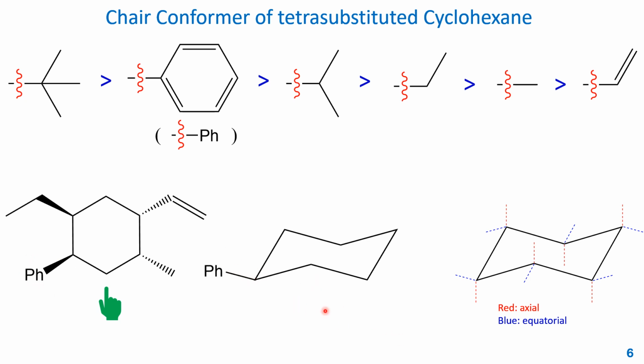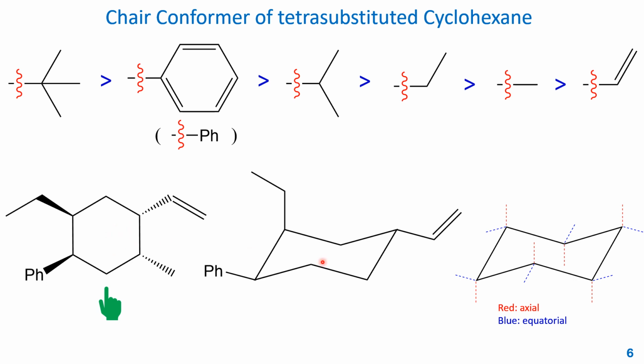The ethyl is in the 1, 2 position, clockwise, that's here, so you draw the ethyl group up. This is axial. And then 1, 2, 3, 4 is the vinyl group. It's down, so it's equatorial because down is equatorial. And then the methyl group must be here, in the 1, 2 position.